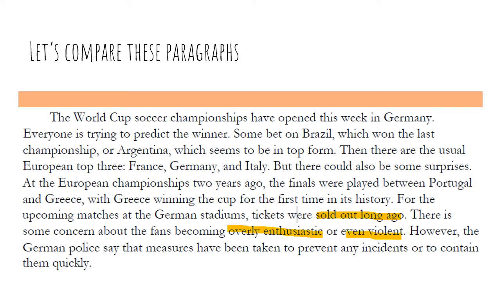However, the German police say that measures have been taken to prevent any incident or to contain them quickly. The last three sentences in this paragraph show the attitude of the author, while the first, second, third, and fourth sentences are informing the reader about the World Cup Soccer Championship in Germany. So what do you think about this paragraph? What is your answer?